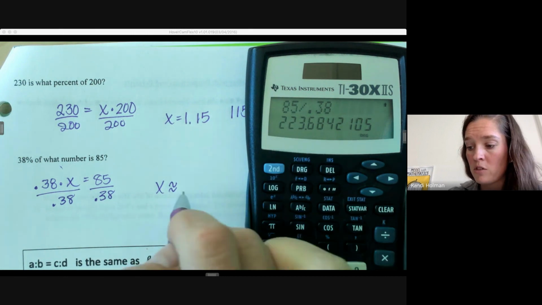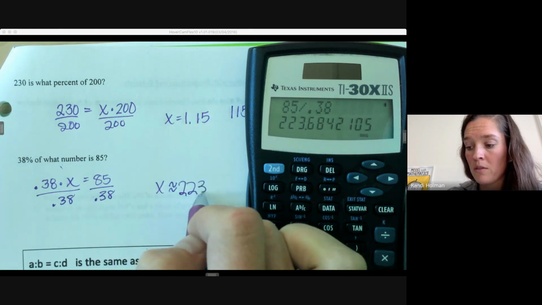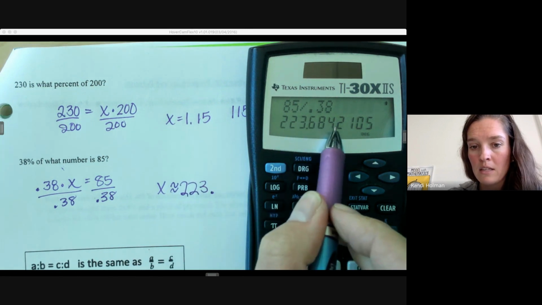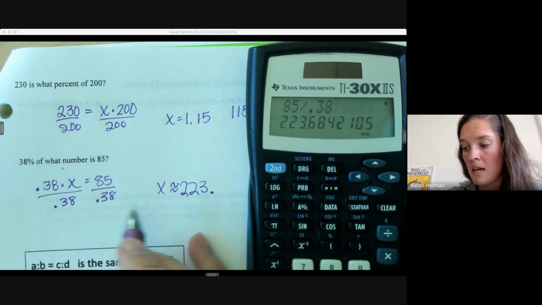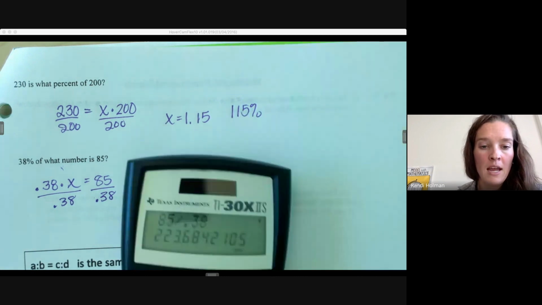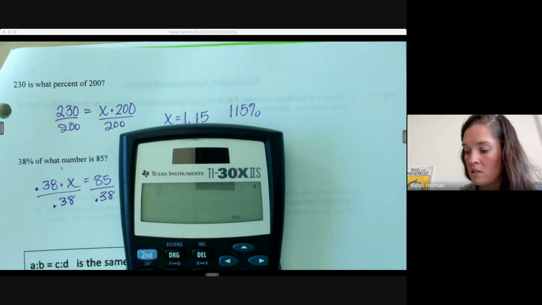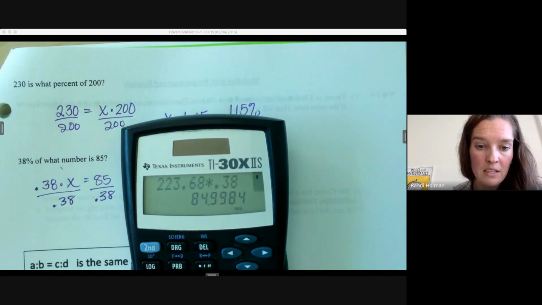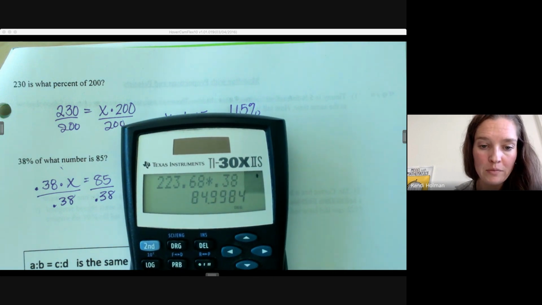So we're going to have 223.68, and that 4 says we're not halfway up to 9 yet, so we're going to keep the 8. And if you took 223.68 times 0.38, we should get very close to 85. If we rounded that to the nearest hundredth, we would get 85.